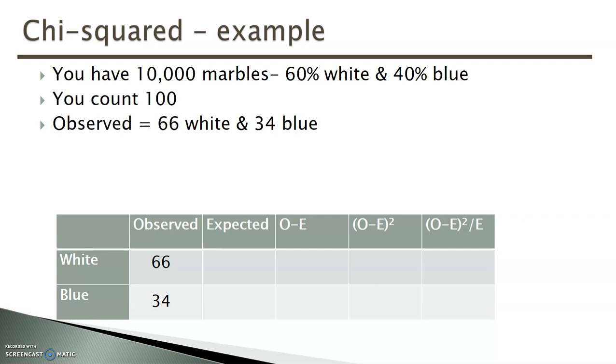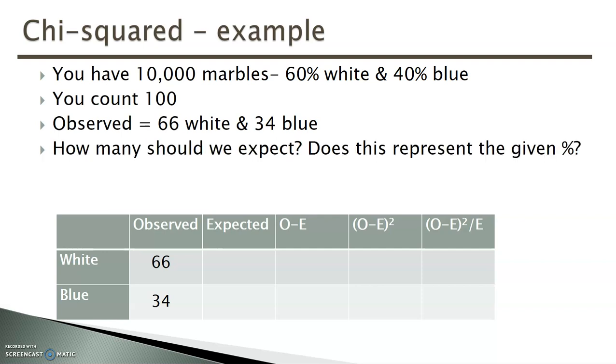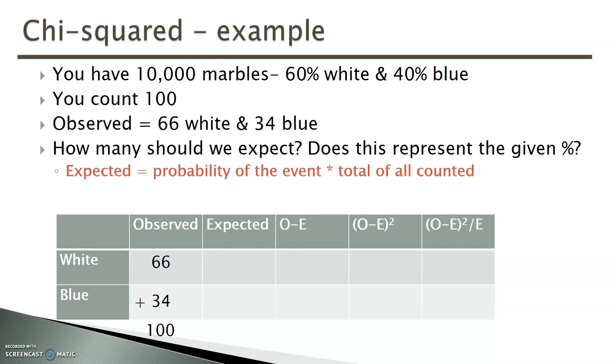So you're going to follow this table. So the first thing we need to do is figure out our expected value. Okay, so if we have 100 marbles, our expected value should be proportional to our probability, right? So we counted 100 marbles. So in order to figure out your expected value, you're going to multiply times your probability.